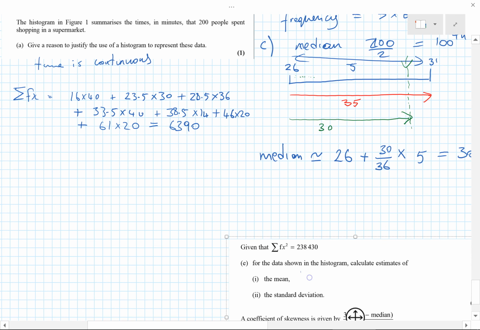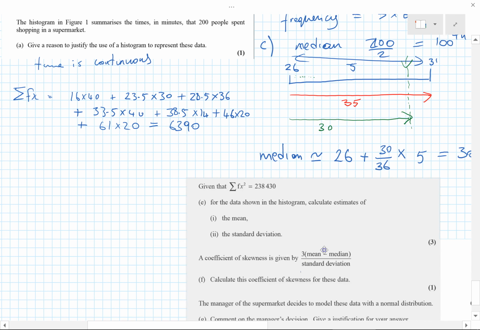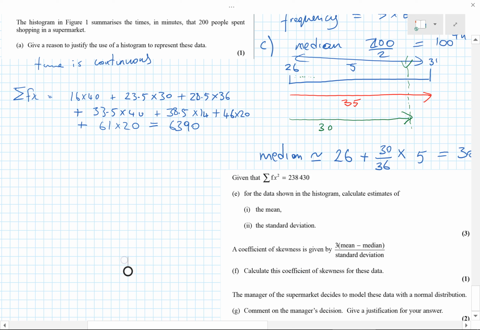Right, now let's just look at, we're nearly there at the end of this paper. Let's look at what the question was actually asking after that. The mean and the standard deviation.